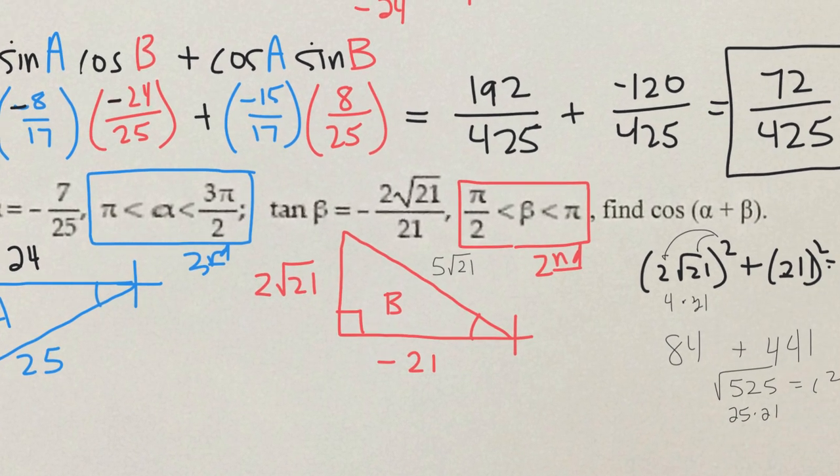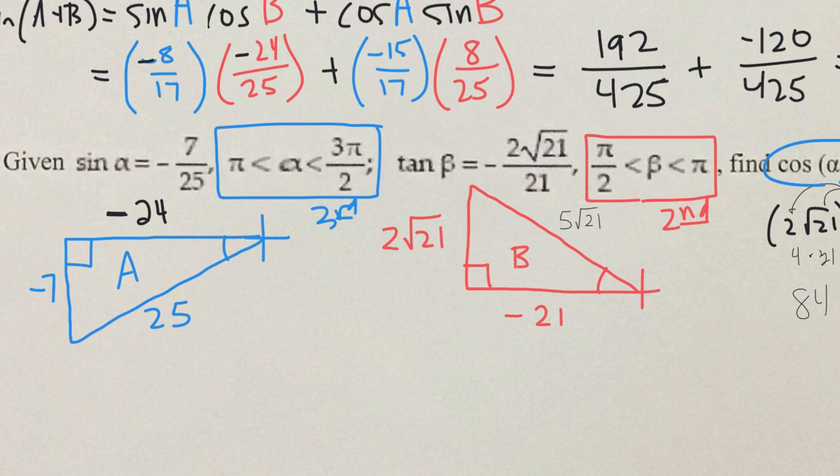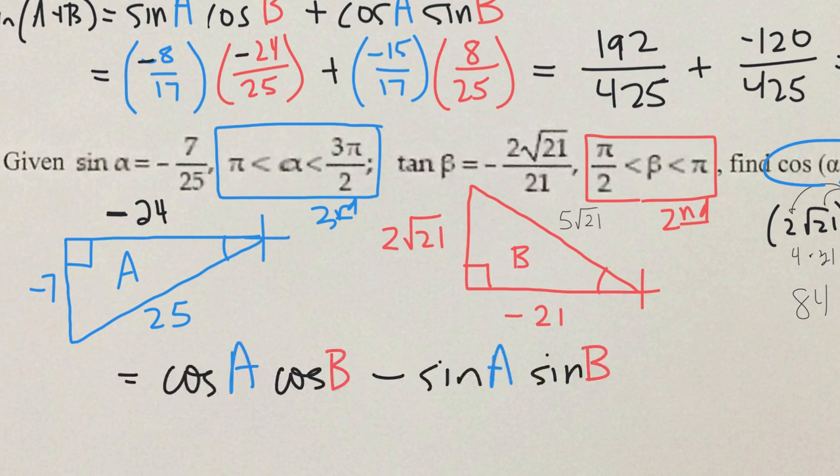We need to find the cosine of A plus B. So we go to the formula. So now, let's get those fractions. We're going to go to our triangle to write down these fractional ratios. The cosine from triangle A is negative 24 over 25.